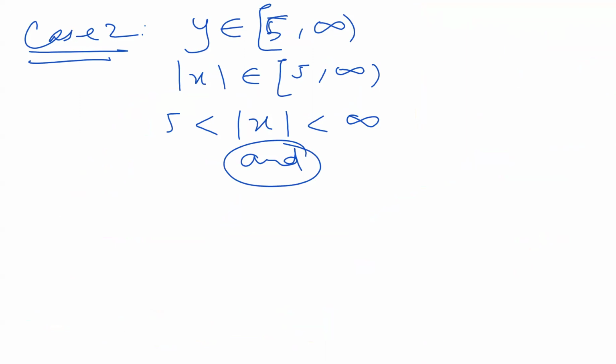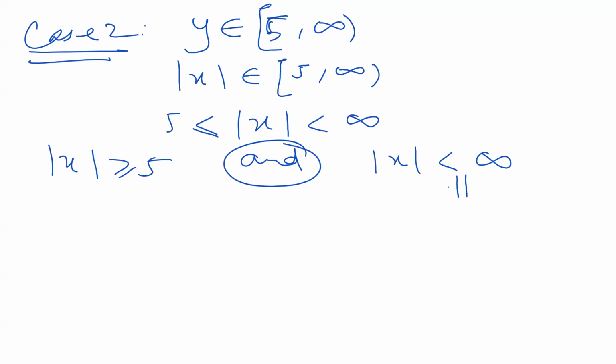So there are two sub cases over here, but these are not actually cases, it's the same thing. Both the conditions are valid because it's "and". Modulus of x is greater than or equal to 5 and modulus of x is lesser than infinity. Correct, sorry. Perfect. Good, that's a right observation.